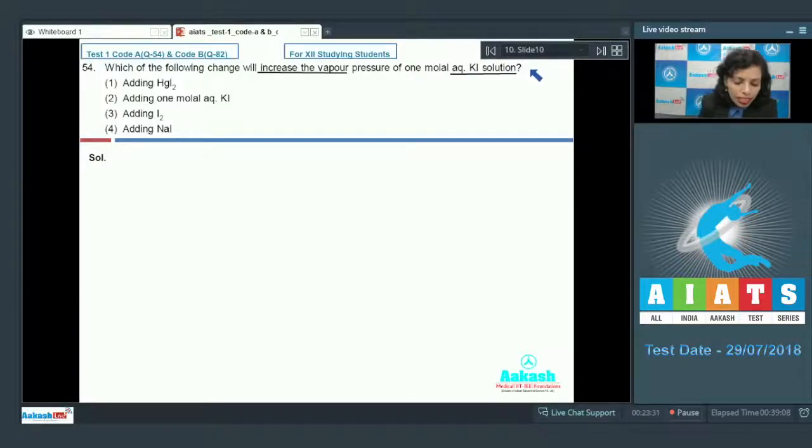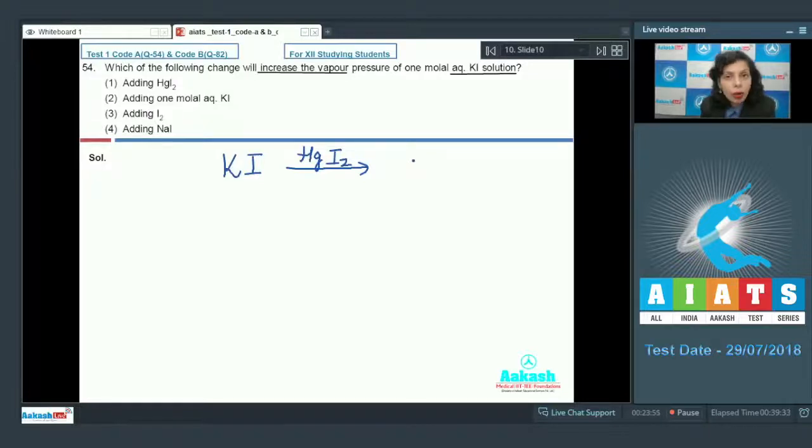KI solution. Simply one thing you should always remember, whenever you are forming the complex, there is always the decrease in the number of particles and the increase in the vapor pressure. That you can understand with the help of the representation. We have the KI when you add HgI2 to it.